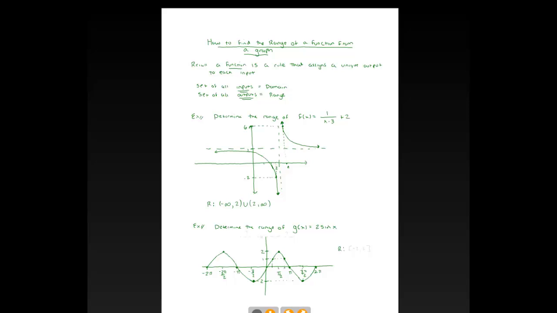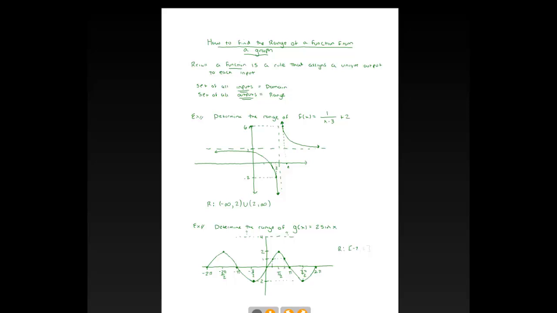Likewise, 2 is also an output. And I think we can argue, of course, that everything in between -2 and 2 is an output, including -2 and 2. But 4, for instance, is not, because if I go over to the left or right, I have no chance of ever colliding with the graph. Okay, 4 is not an output for this function. There's no point on the graph that has a y-coordinate of 4.